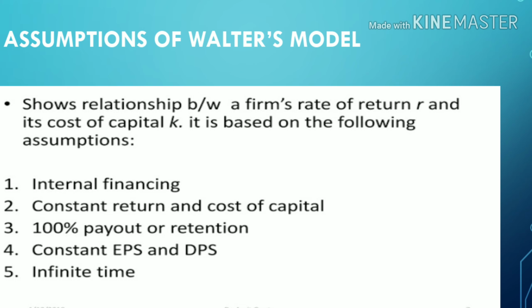There are 4 assumptions in the Walter model. First, investments of the firm are financed through retained earnings only and it does not use external sources of funds. Next, R and K are constant. Earnings and dividends do not change while determining the value. The firm has a long life.